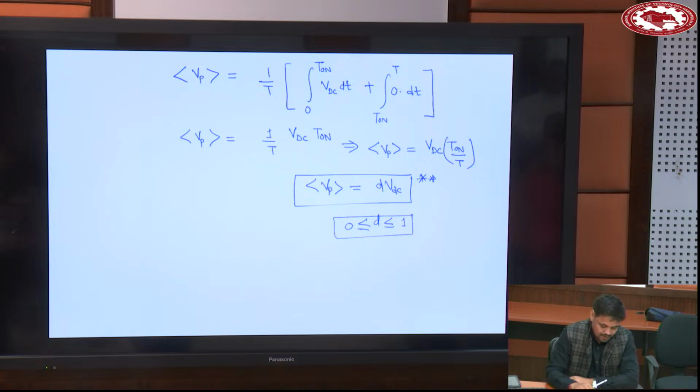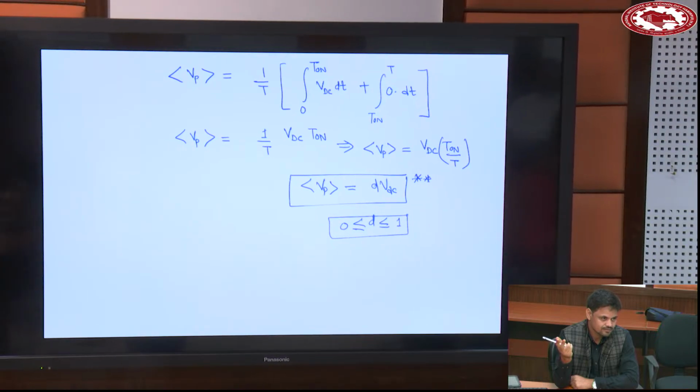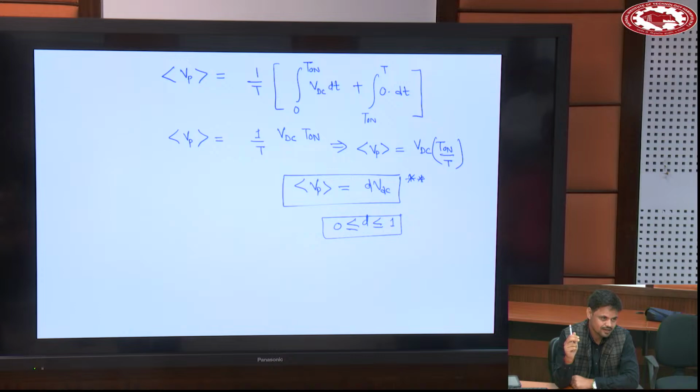So by controlling the duty ratio, you can control the average value of the pole voltage, the output voltage, and you can have any value between 0 and VDC. So it's a controlled DC-DC converter, the buck converter only, which was discussed in the morning, correct?